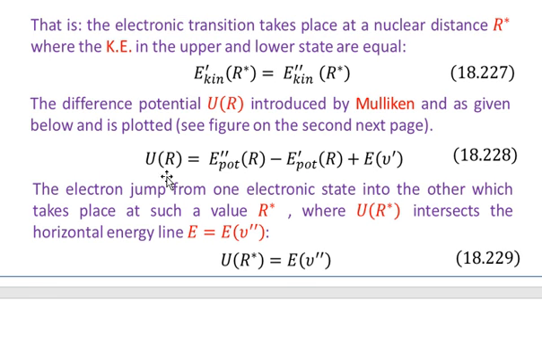Due to that, you will get U of R, which is the difference potential, and it is called the Mulliken potential and has been defined as given in equation number 228.